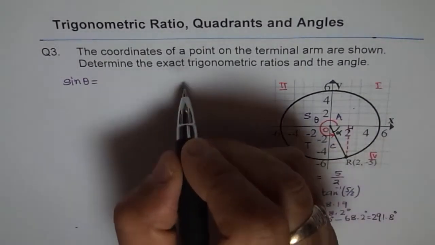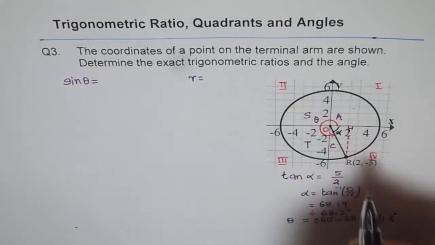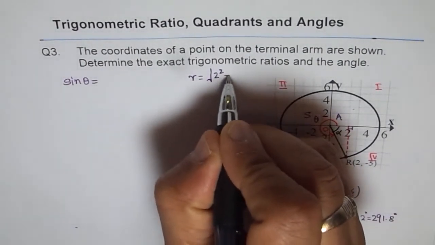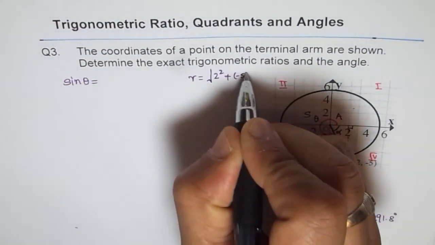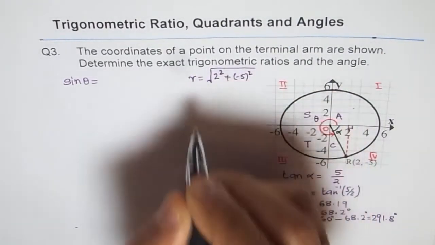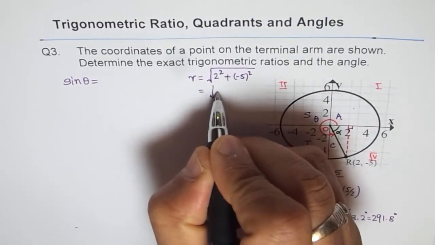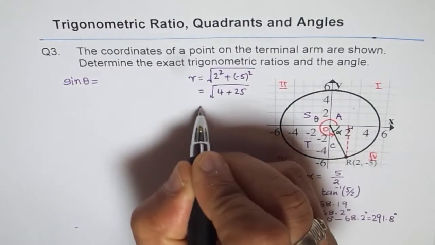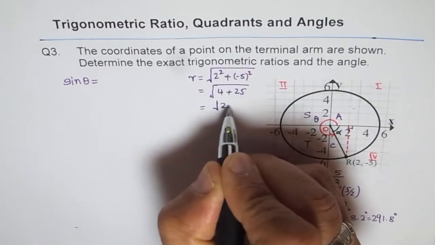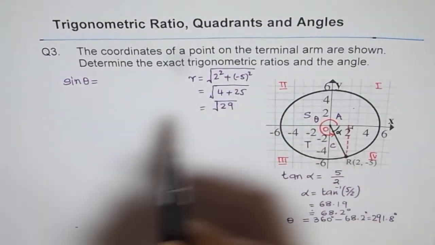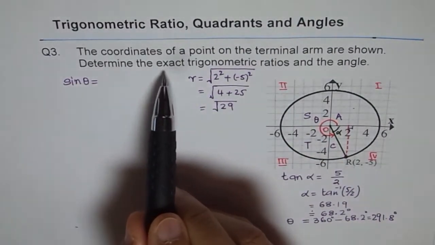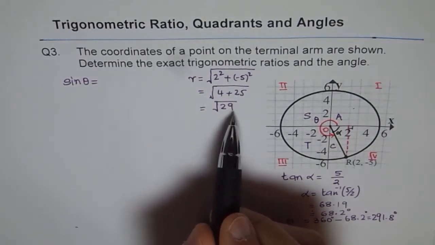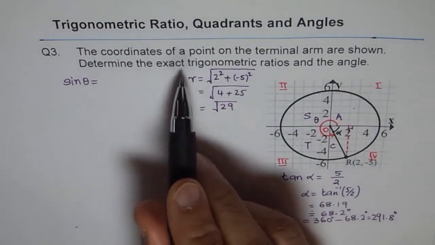So let me write: the radius is the square root of 2 squared plus minus 5 squared, which is the square root of 4 plus 25, and that gives us the square root of 29. When we are finding answers in exact trigonometric ratios, we have to use square root 29. Don't round them, don't use decimals.